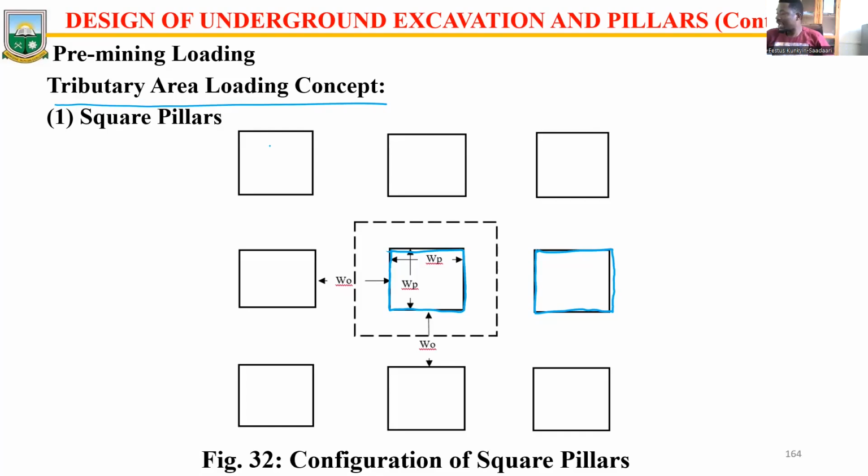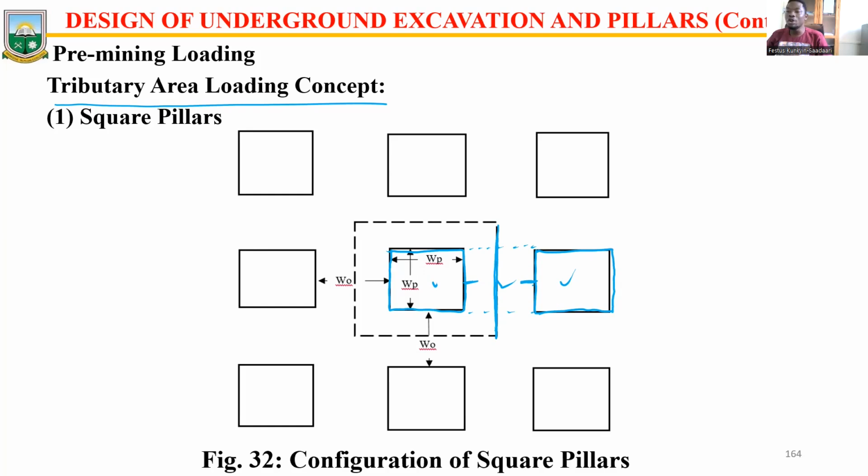And then if I want to check how much load each pillar can carry, there's a pillar to this pillar's left and right-hand side, and there's another pillar. Since we are using square pillars, the space here and the space here is the same. This is square, that is square. So what the tributary area principle is saying is that this pillar will take the forces up to the middle.